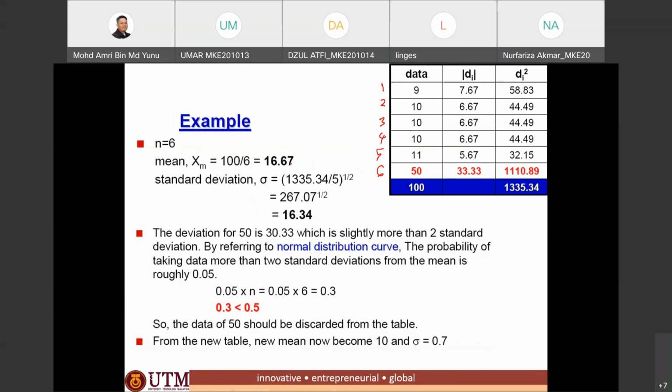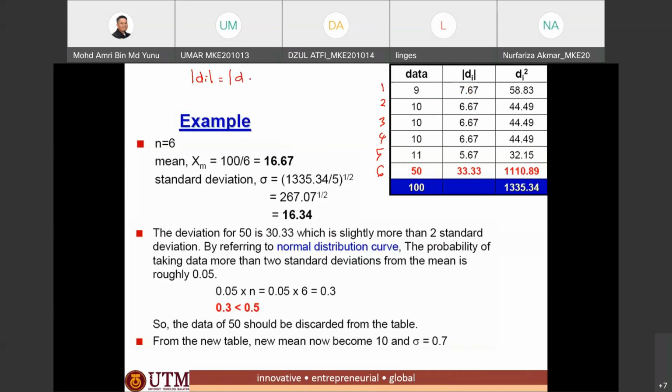So we get 16.67. Next, we want to calculate the standard deviation. To calculate the standard deviation, first we need to find the absolute offset at each point, D_i.